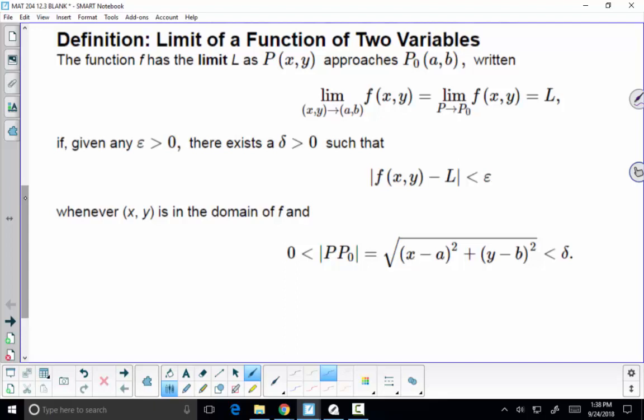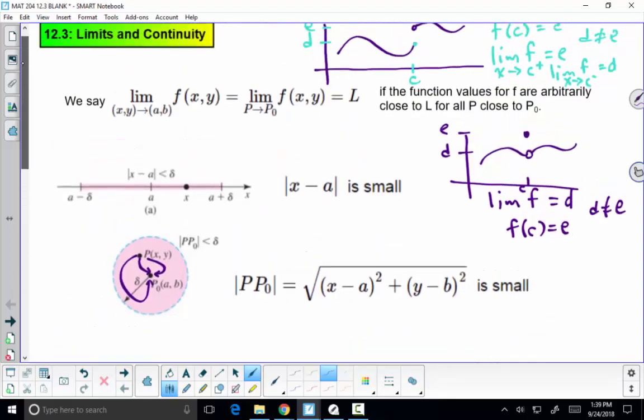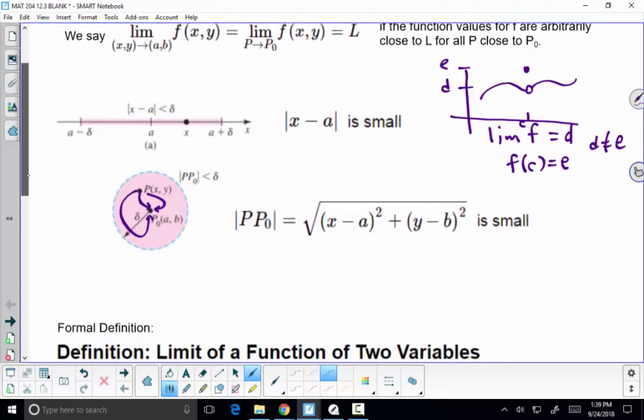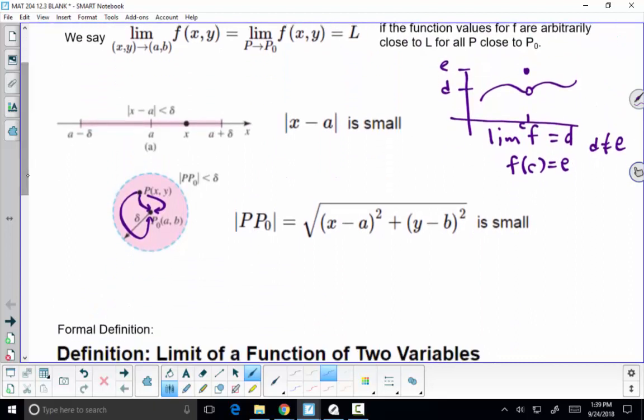That small means that the point in question is within delta of your target point. Okay. So that's what this is right here. So you can think of it in one-dimensional or two-dimensional. So here, x and a, the difference between them is small, means that their difference is less than delta.